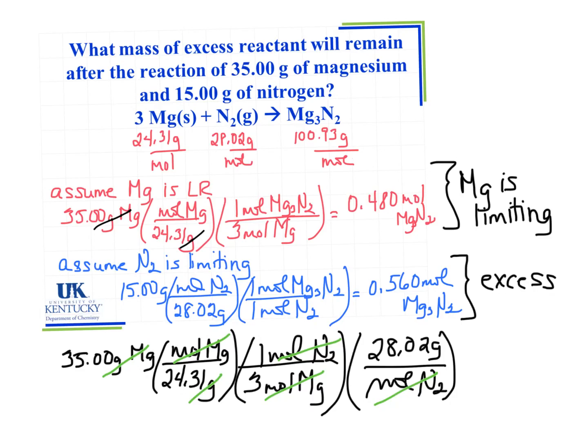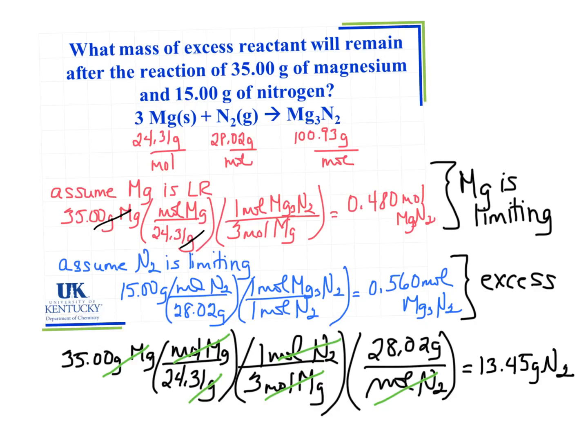When I do the calculation, I see the grams of nitrogen needed to completely react with that 35 grams of magnesium. I get that I'm going to need 13.45 grams of nitrogen, and that's the amount of nitrogen I need to completely consume my entire 35 grams of magnesium.